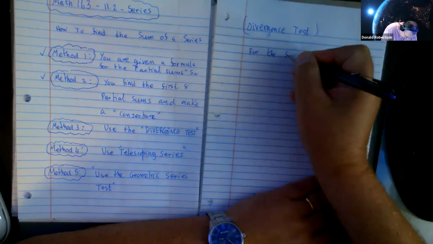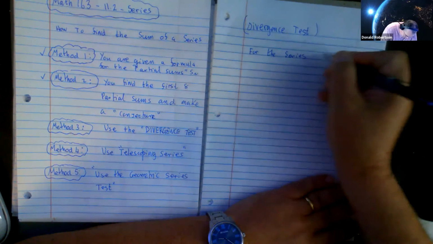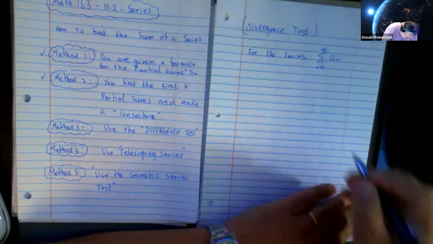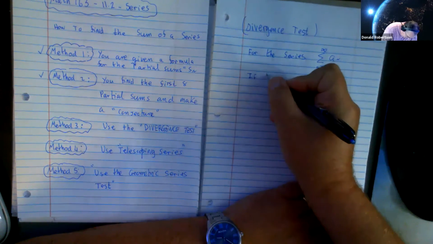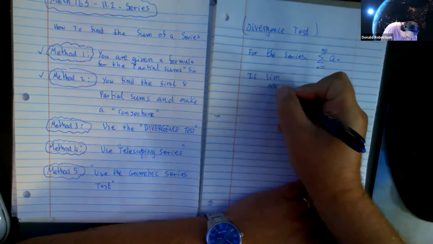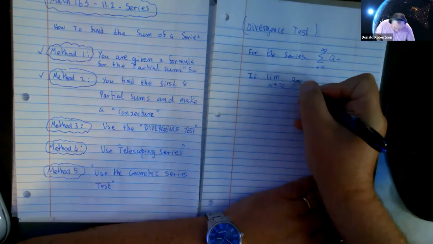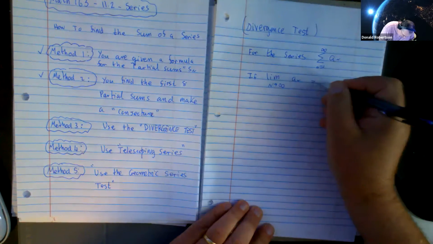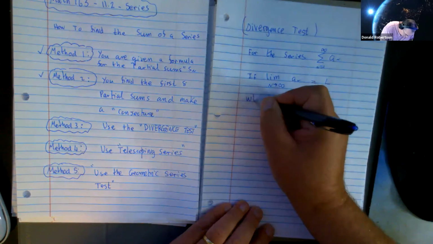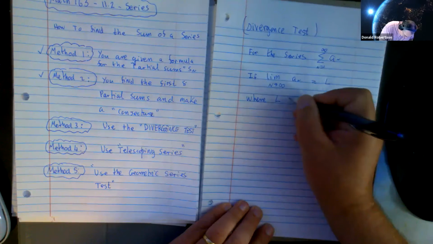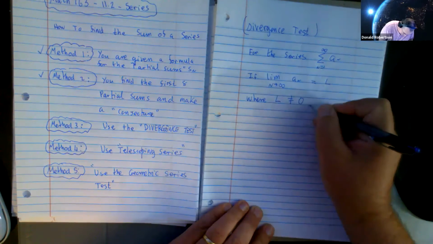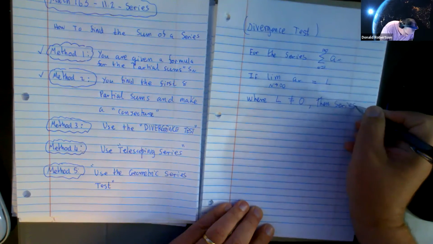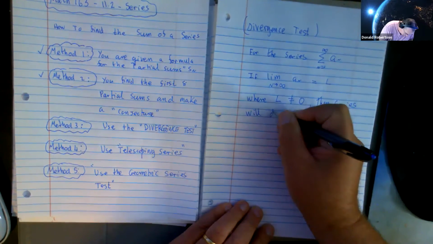For the series, n equals 1 to infinity of a_n, if the limit as n tends to infinity of just one term, the general term, is equal to L, where L is not equal to 0, then the series will diverge.